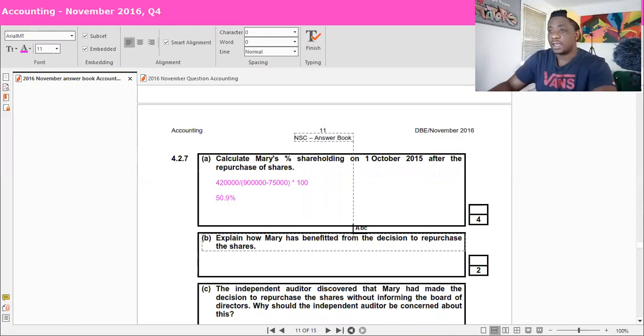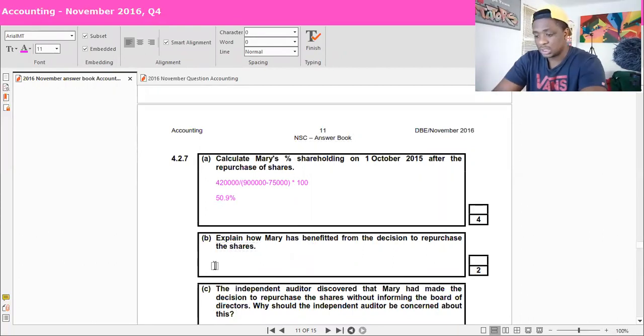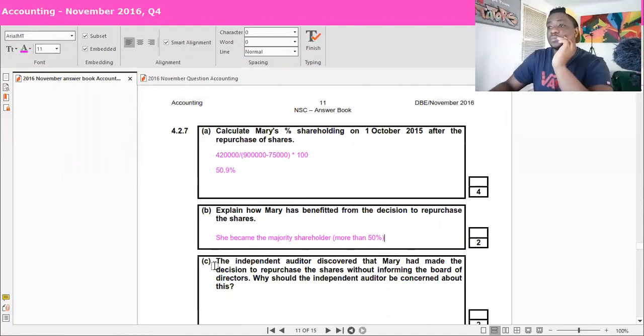And then explain how Mary has benefited from the decision to repurchase shares. So she obviously benefited because she became the majority shareholder. More than 50%. That's what we mean by majority shareholder. She owns more than 50% of the company.